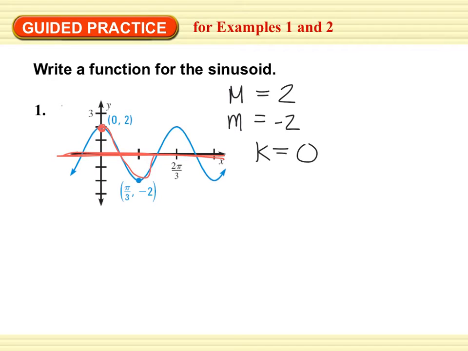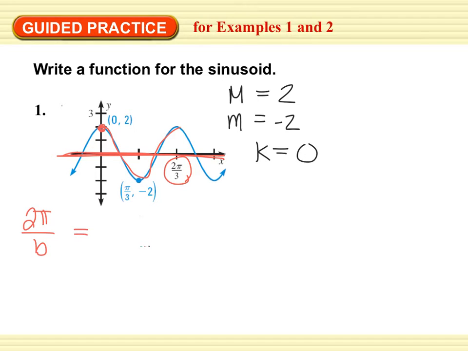So we go from here to there. It looks like that is my period. So period is 2 pi over 3. To calculate the period for a cosine function, it's 2 pi over b.